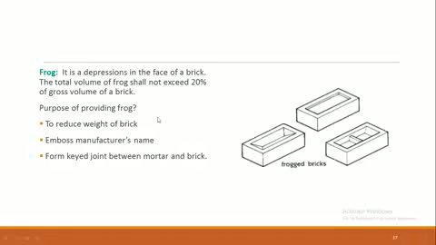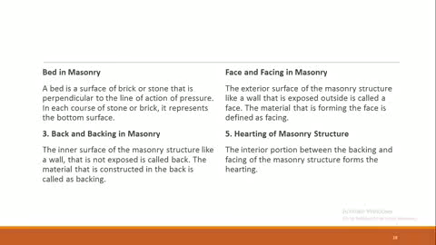It is used to emboss the manufacturer's name or a trademark, and it provides a key joint between mortar and brick. It is a depression where the mortar will make a shear key.